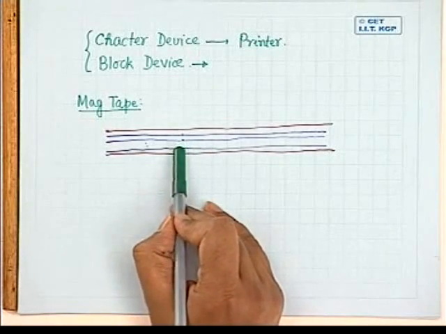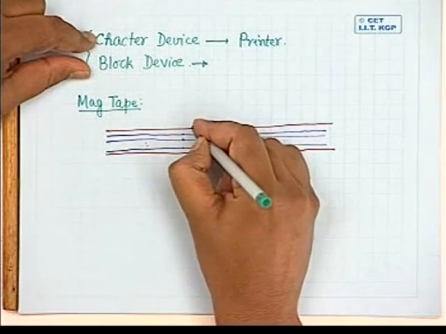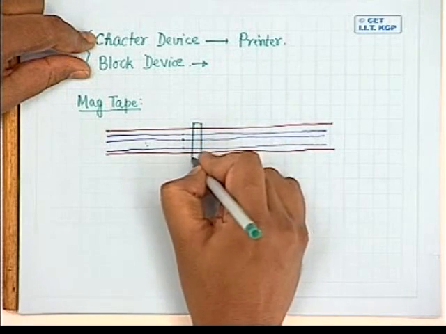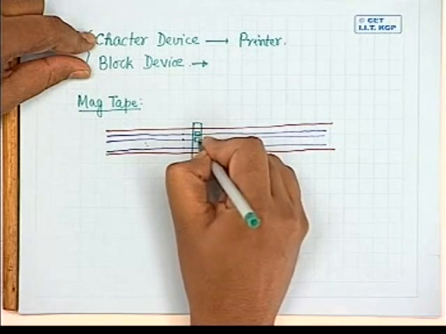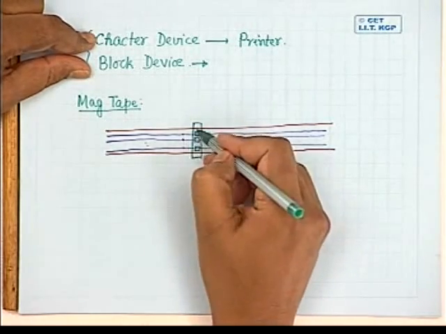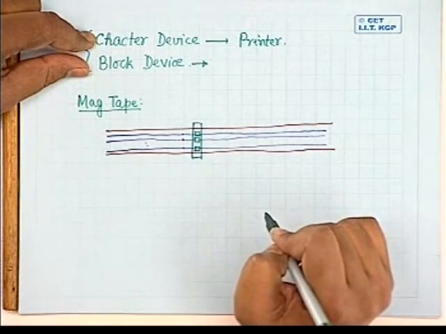As we have 9 different tracks, to read any data from this magnetic tape I have to have a read-write head which is actually an array of 9 read-write heads, so each of the tracks passes below one such read-write head.